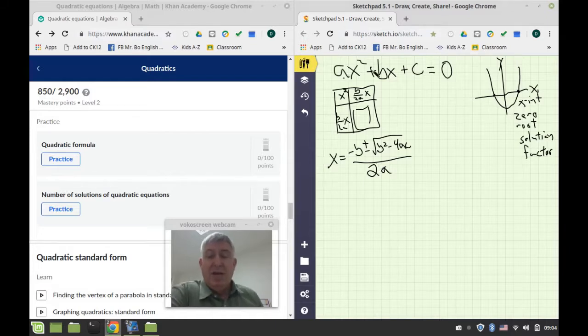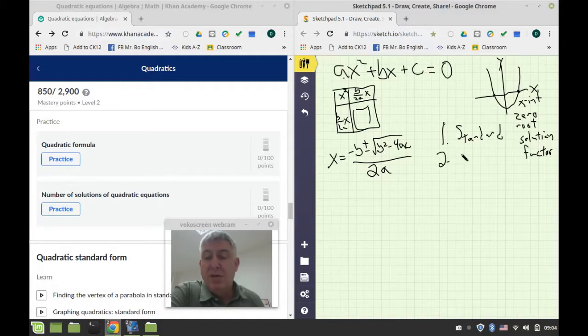So if we have a quadratic equation, we need to do three things. First thing we need to do is put it in standard form, like this, equals 0.